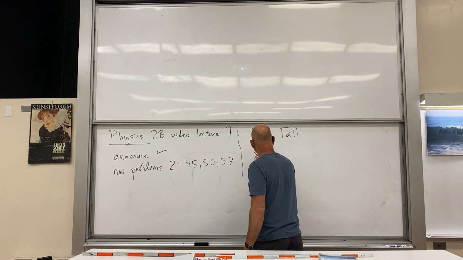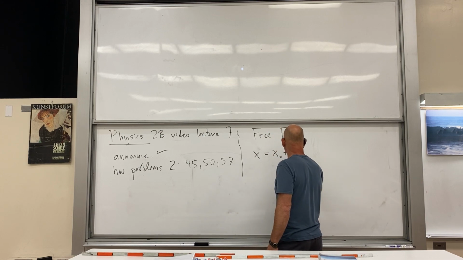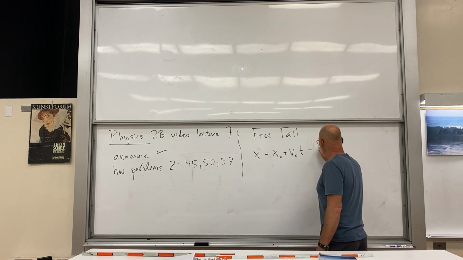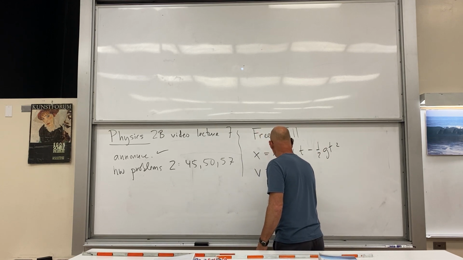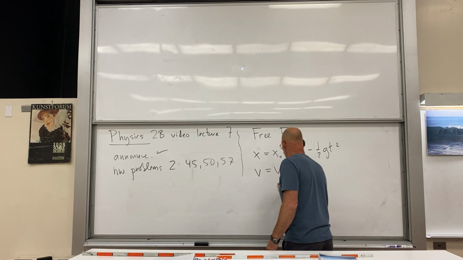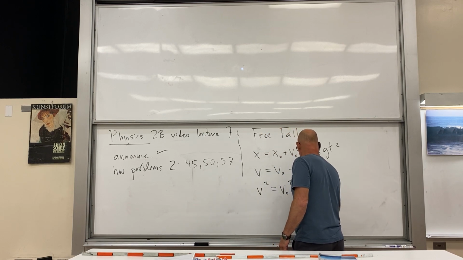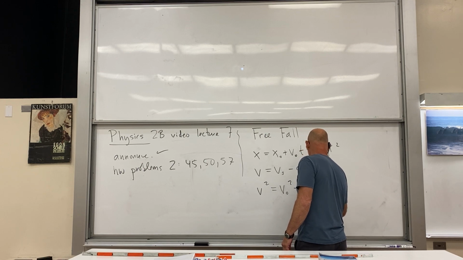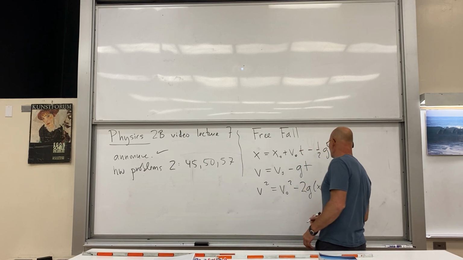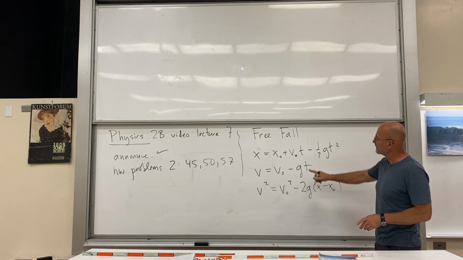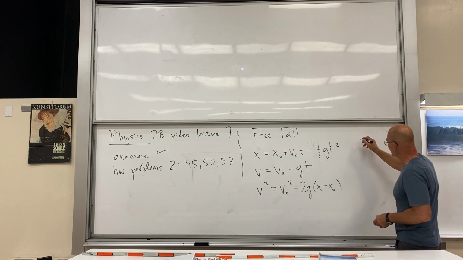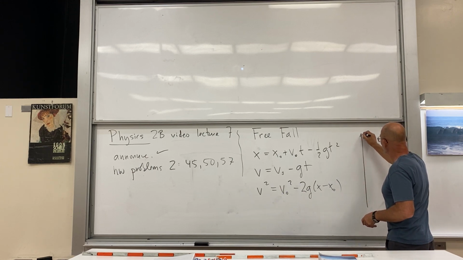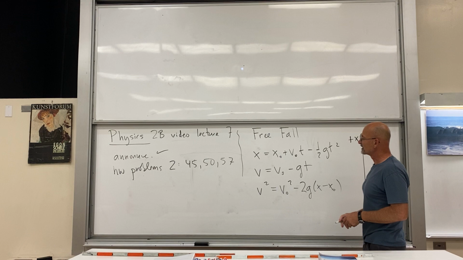So we have x equals x0 plus v0t minus one half gt squared. v is v0 minus gt. v squared is v0 squared minus 2g times x minus x0. In one of these problems I'll use the ones with plus acceleration, but for now we'll talk about free fall. So we're talking about the positive x direction being up.